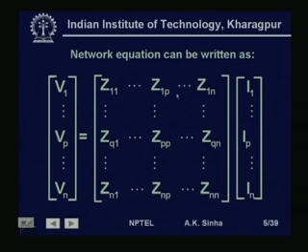So V1 will be Z1P into IP, V2 will be Z2P into IP, VP will be equal to ZPP into IP, and similarly Vn will be equal to ZnP into IP.